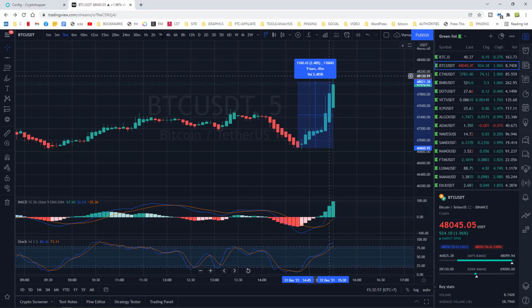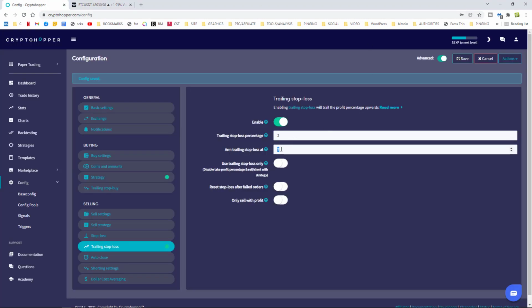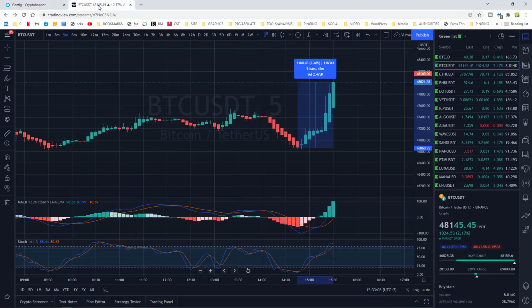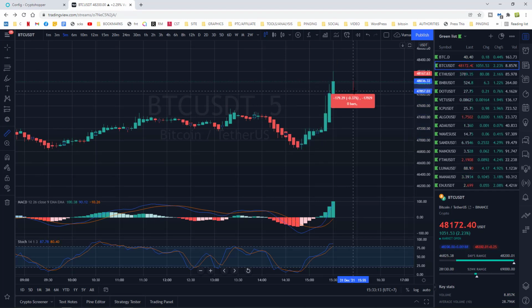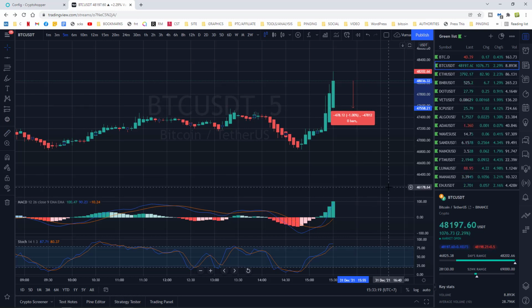So the trailing stop loss is activated. Now, if I was to put 1 in there, it's got to drop 1% from that mark there, and then it will sell at 1.5% profit.